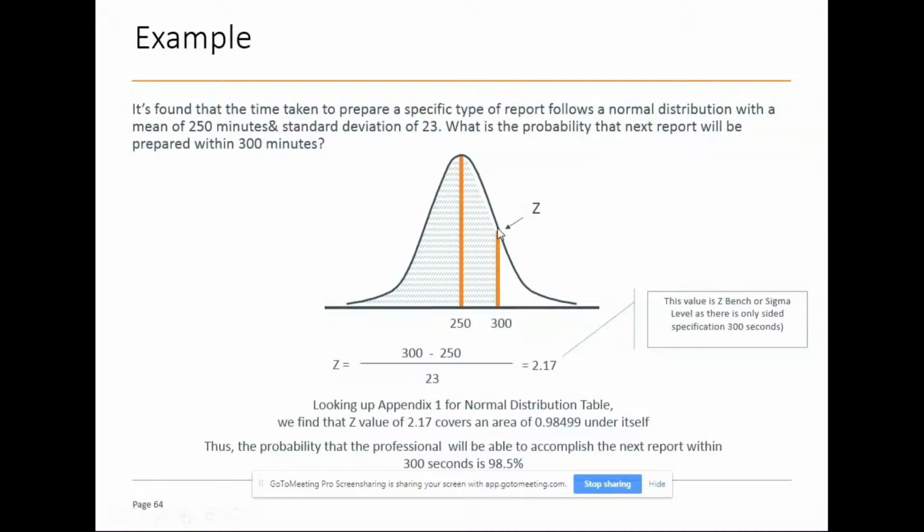Because from this point here, it tells us on its left-hand side how much is the area under the curve. So whatever point we have, it reads the area under the curve. You okay with this? Shall I move on to the next one?